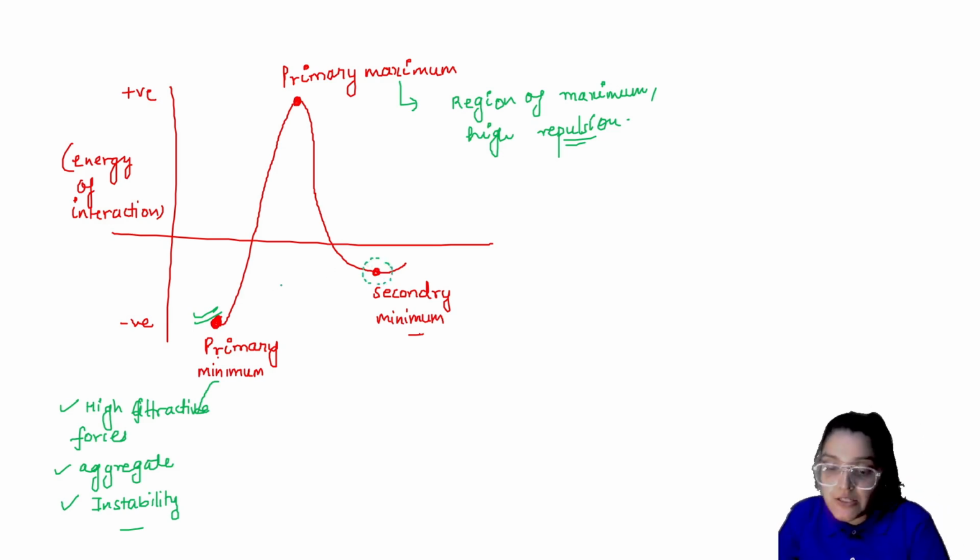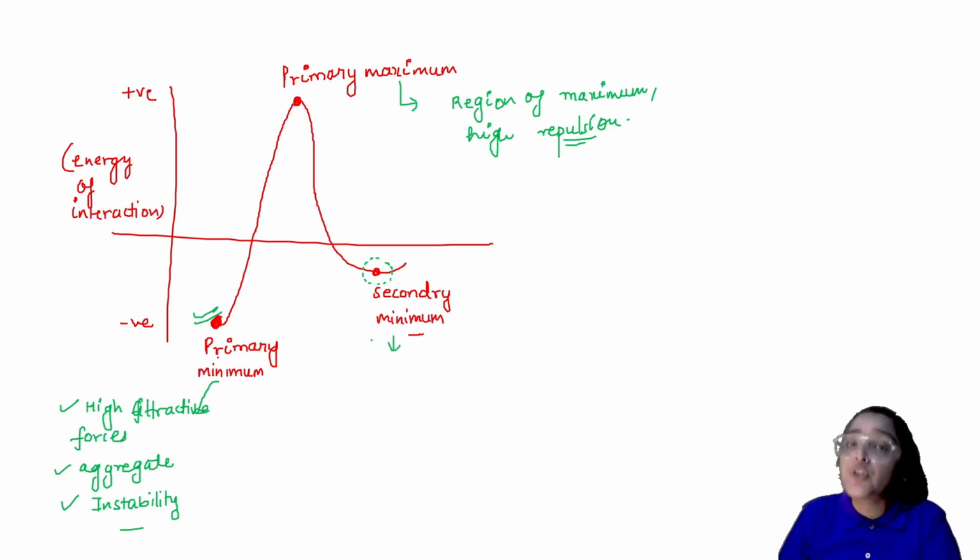Okay students, the third one is your secondary minimum. In this region, although attractive forces exist, they are not very strong, so the particles appear as floccules here, which can be redispersed on shaking.